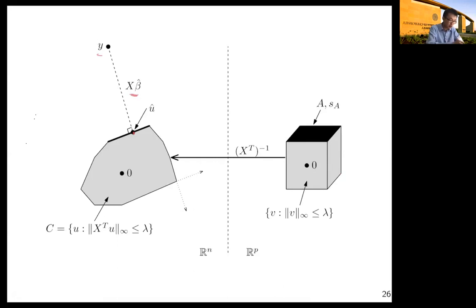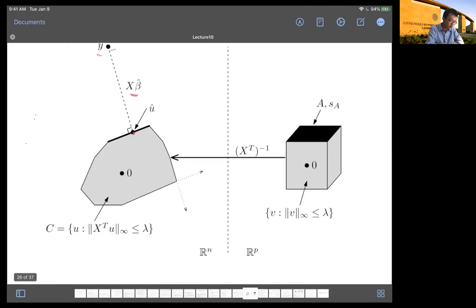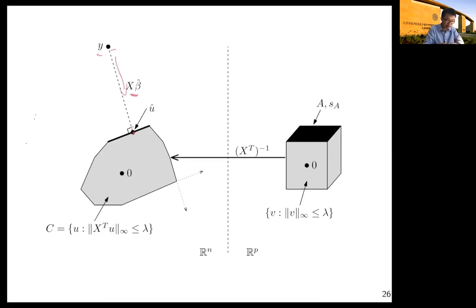And if you project y to this convex polytope, I guess this point is u. So if you take the difference between these two, this vector is simply x beta hat.